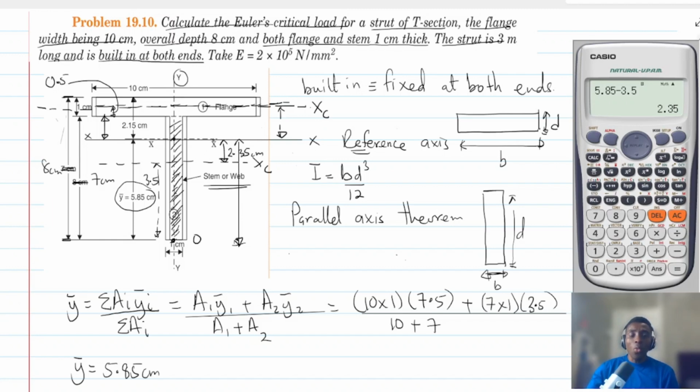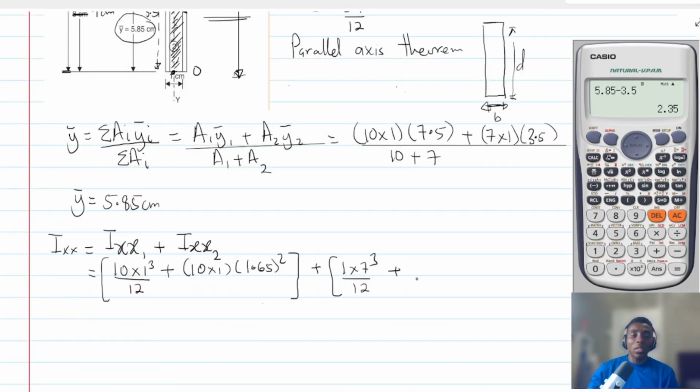Now, what we are trying to say is that we will add the area, which is 7 multiplied by 1, then I will multiply it by d squared, which is 2.35 squared. As a matter of fact, this is strength of materials 2.